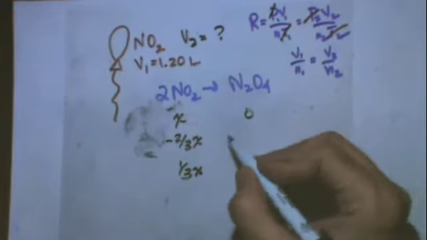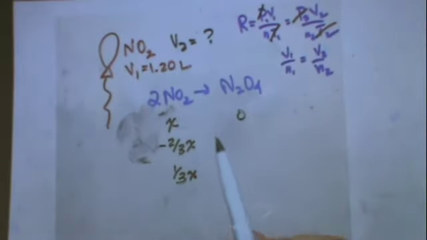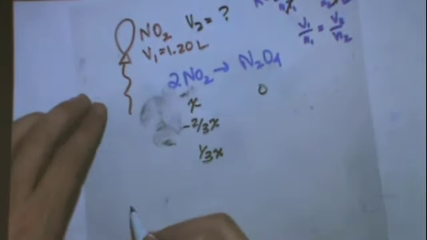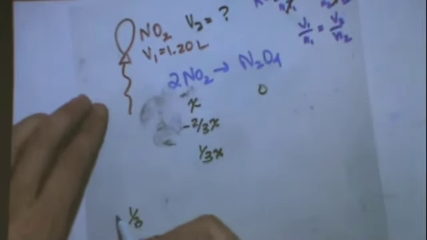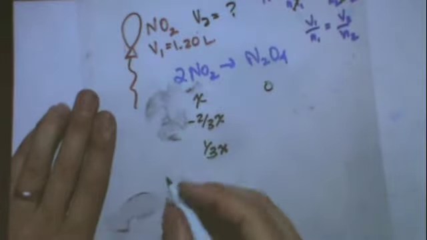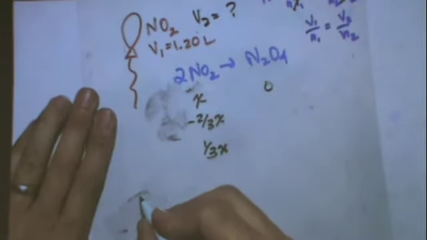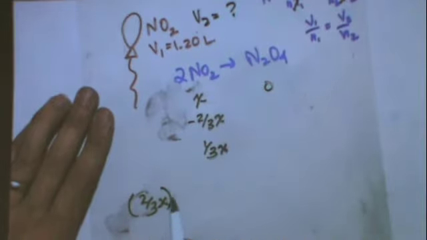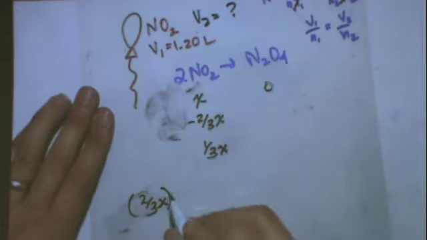Okay. So now, let's see. Let's do it this way. I have 1/3 of this left over. No, let's do it like this. 2/3 X of the NO2 react. Is that okay? Yeah. That's what I said in the problem. And we're assuming these are moles.